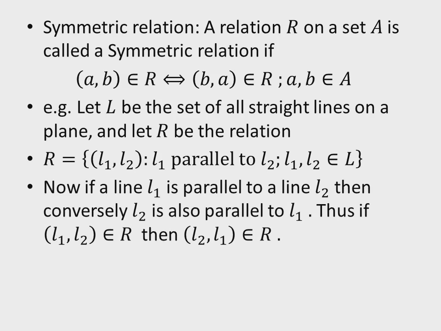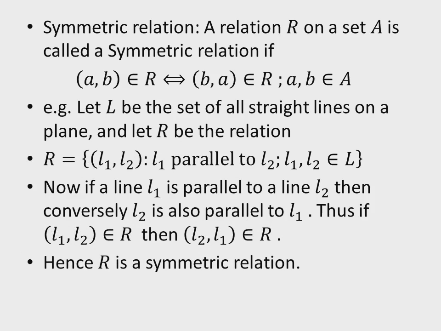Okay, now you see, if a line L1 is parallel to a line L2, then conversely L2 must also be parallel to L1. That's what we get, that if L1 is related to L2, then L2 must also be related to L1. So that means it is in converse. Hence R must be a symmetric relation.